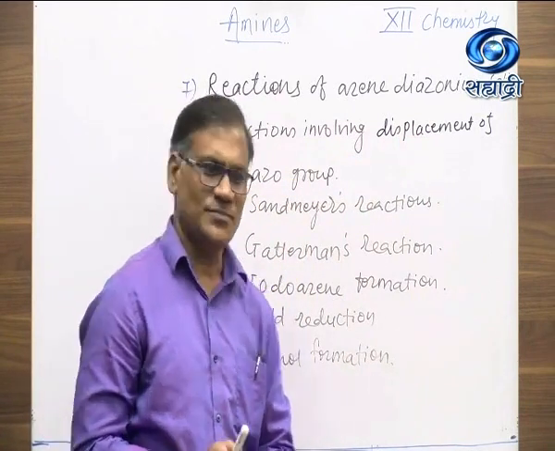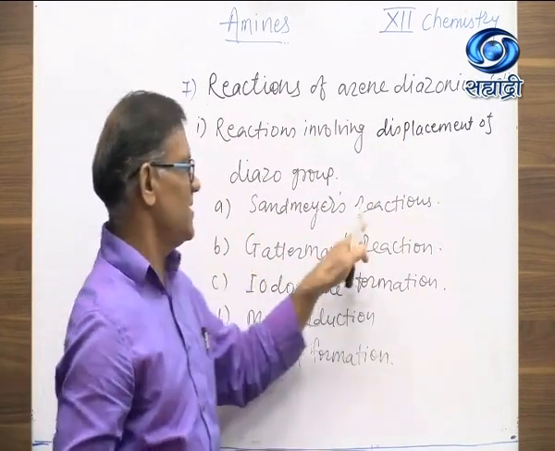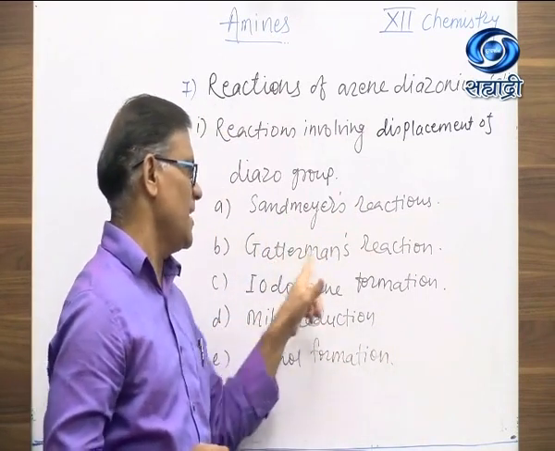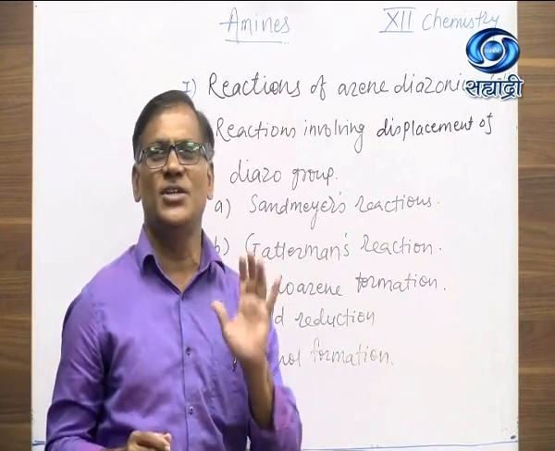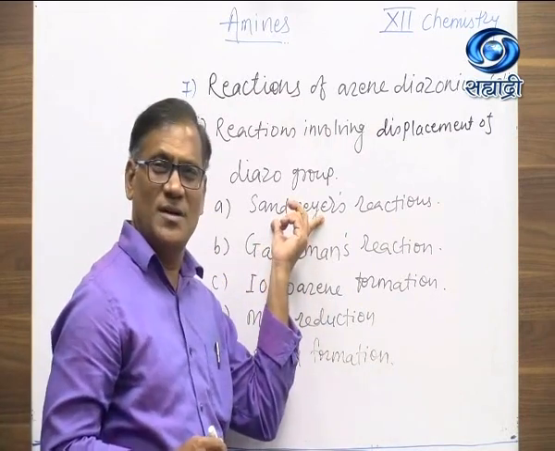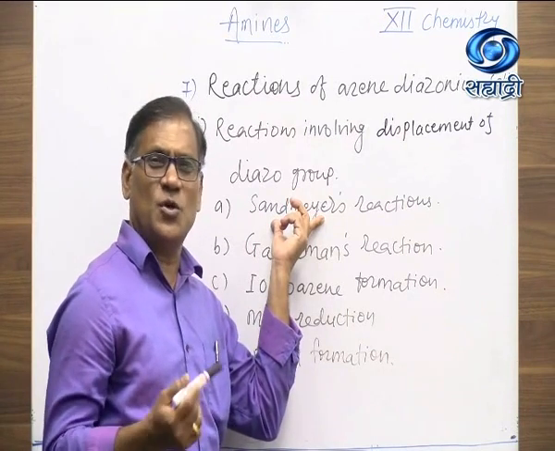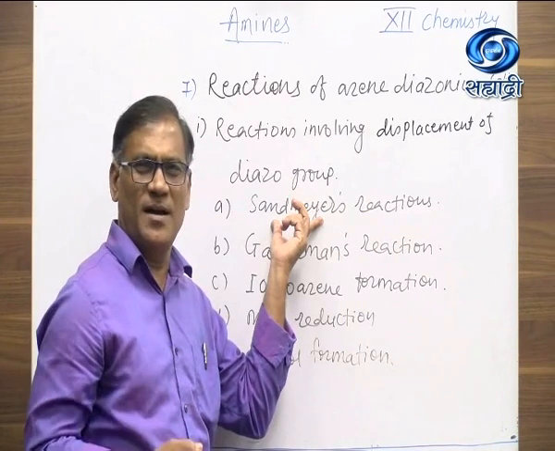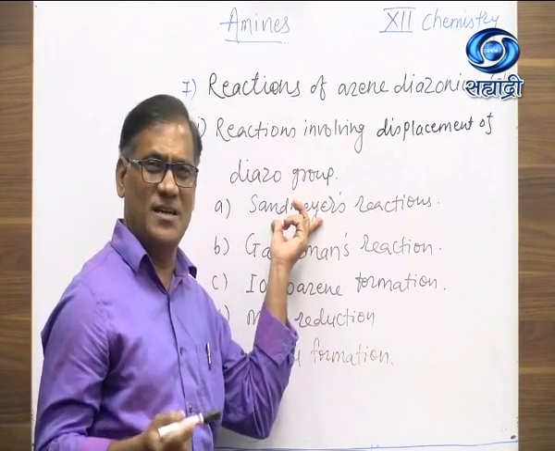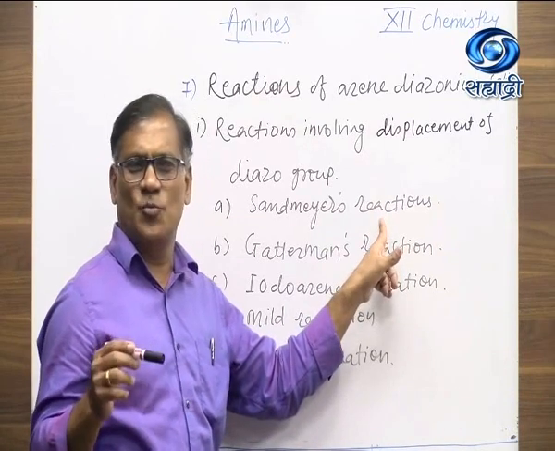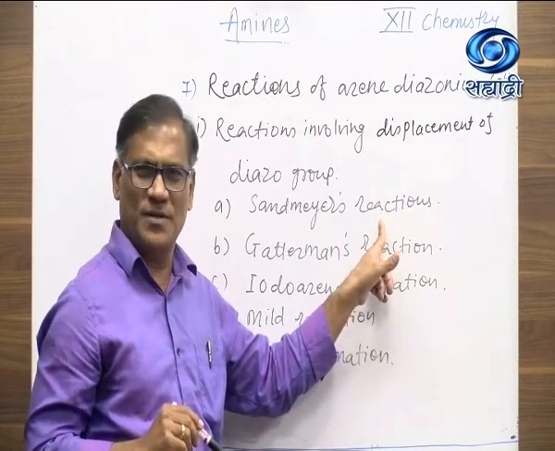So ready for this? First of all, Sandmeyer's reaction. Both these reactions are same, Sandmeyer's reaction and Gattermann's reaction. Only the reagent is changed. In Sandmeyer's reaction, if we use cuprous chloride with HCl or cuprous bromide with HBr or cuprous cyanide with KCN, then the reaction is called as Sandmeyer's reaction, where diazo group, that is N2 group, is removed.